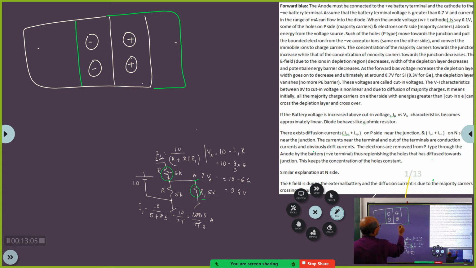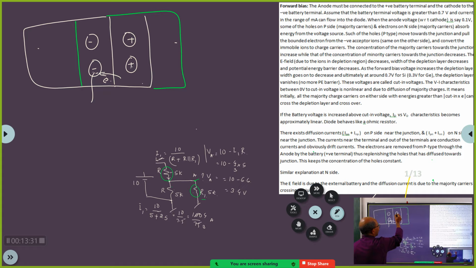Now, what are these immobile charge carriers? This was the trivalent impurity atom. That trivalent impurity atom that was put into the semiconductor had a hole, and that hole now has been filled up by an electron that has come from here.